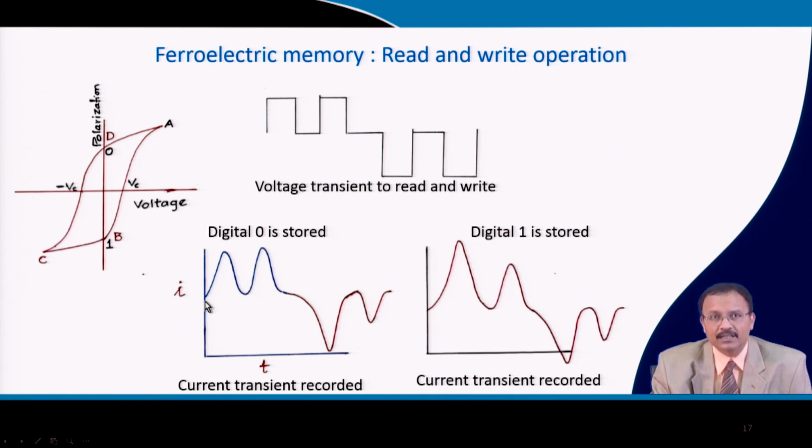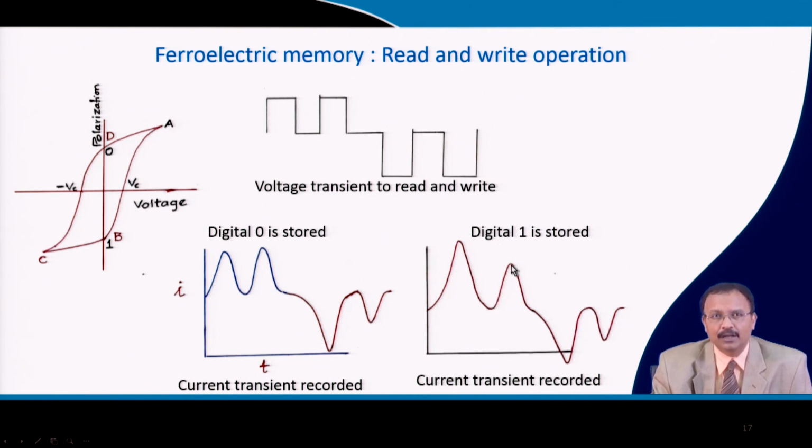If you now read the current pulse corresponding to the voltage transient, then you can easily see that if this kind of current transient is there for this type of voltage transient, a digital 0 is stored. If you compare it with a digital 1 storage, then the first positive pulse will switch it. So, there will be a large current followed by a small current, because the second pulse will be from here to here only.